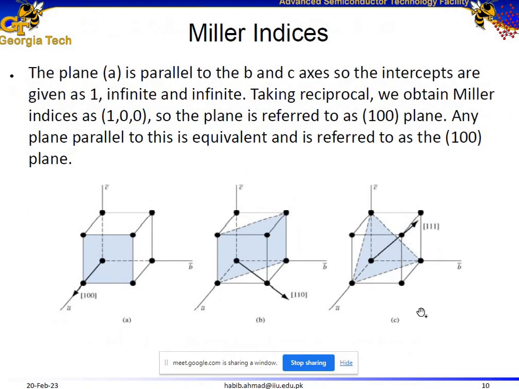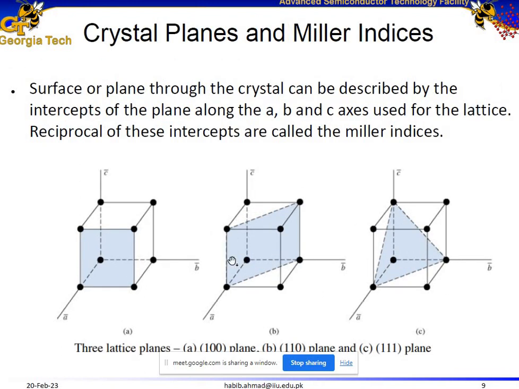Now, okay, we calculated the Miller indices. What is the significance of Miller indices? For example, you might like to grow aluminum nitride or gallium nitride on top of silicon, and the lattice constant, this distance between atoms, is different for aluminum nitride or for gallium nitride as compared to silicon.